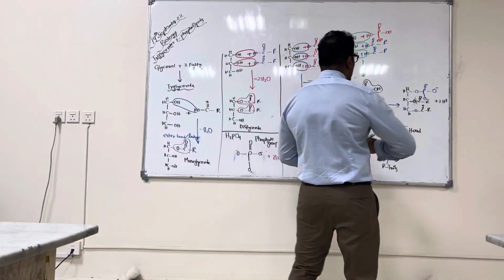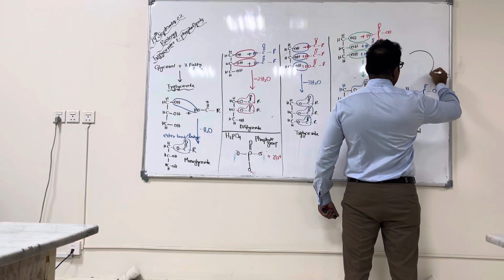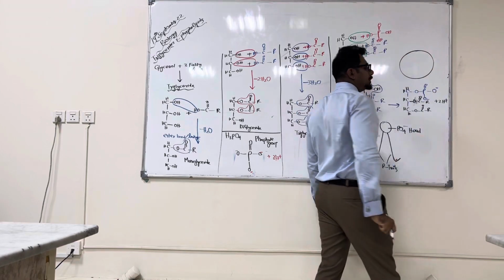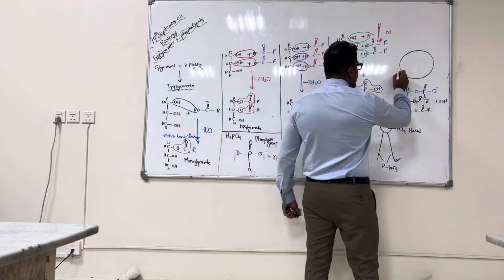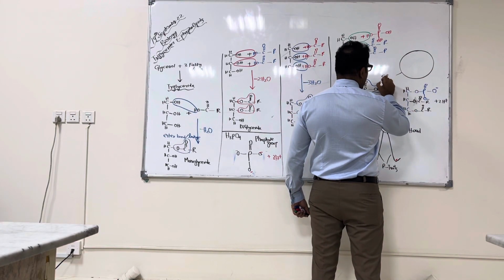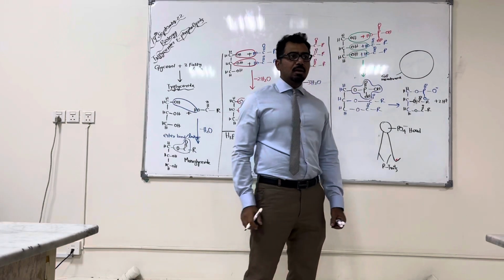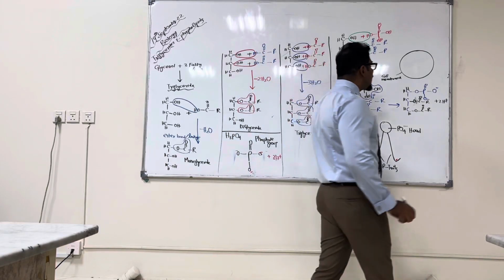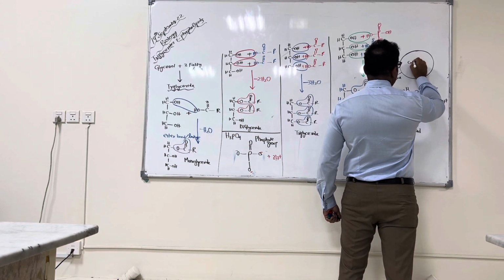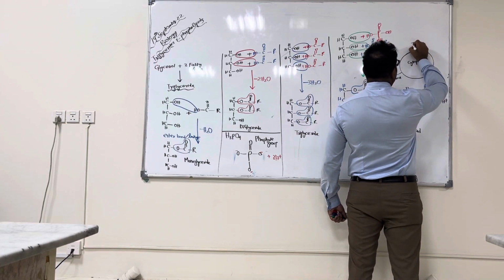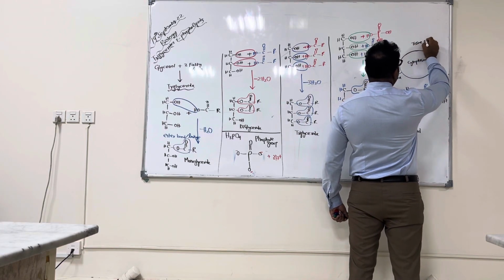Now let me draw a cell. Let's suppose this is a cell, and this is the cell membrane. Inside the cell there is cytoplasm, and outside the cell there is tissue fluid.